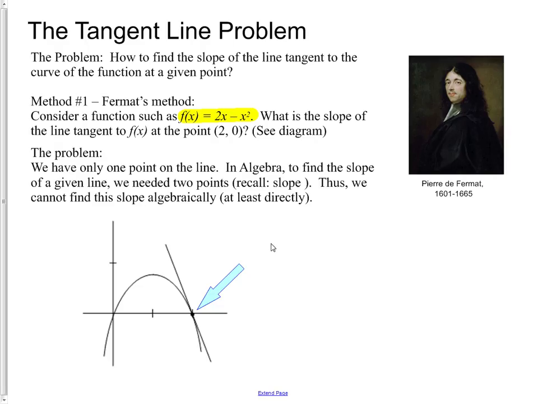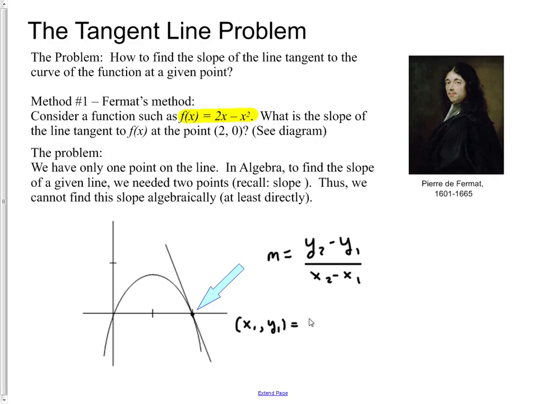I mean, the slope formula goes m is equal to y2 minus y1 divided by x2 minus x1. And if we say we only have that point 2, 0, well, we can call it x1, y1.